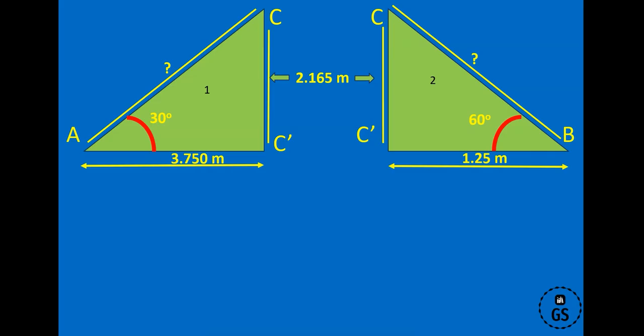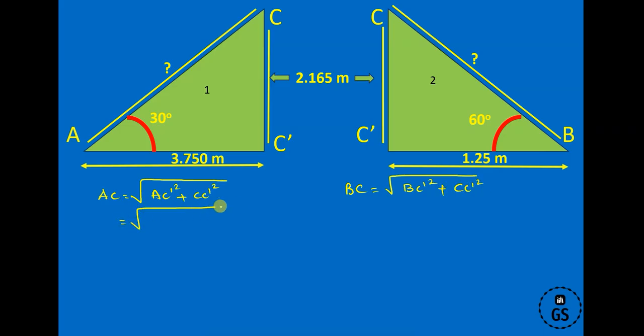Now we have determined all the side parts, but we could not yet find AC and BC. So now we are going to apply the hypotenuse theorem. AC is equal to the square root of AC dash square plus CC dash square. Similarly, BC is equal to the square root of BC dash square plus CC dash square.